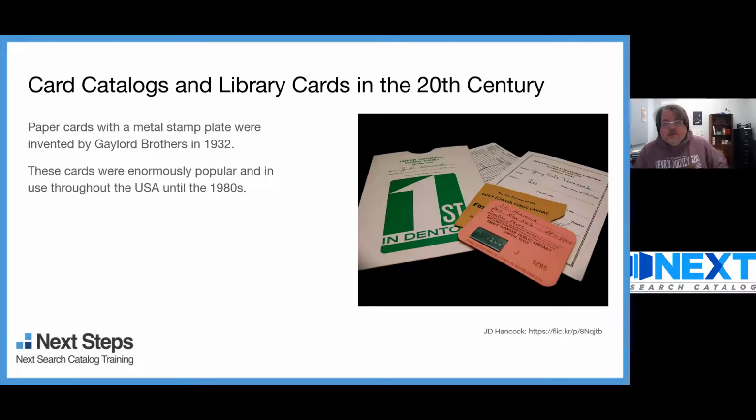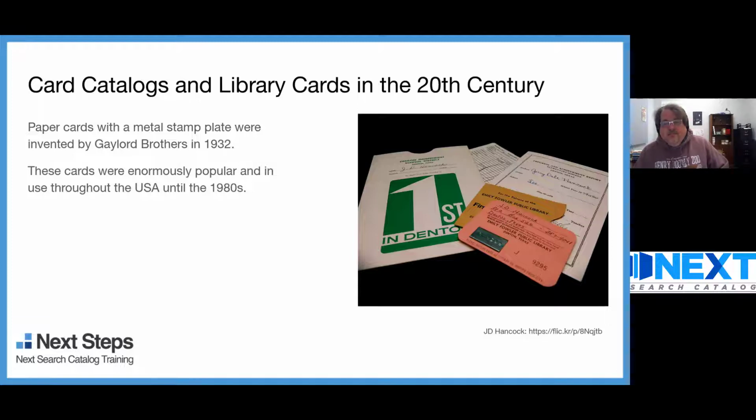Membership cards, or what we now call library cards, came into use widely in the late 1800s and early 1900s when libraries stopped being reading rooms and became lending libraries. This card that you see in the slide here, the kind of orangish card with the metal plate in it, was an invention by the Gaylord brothers.